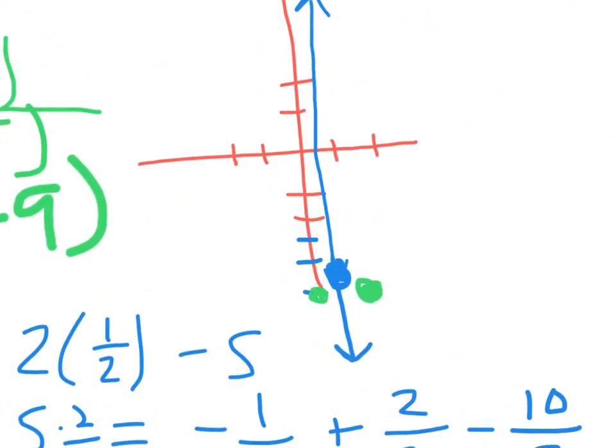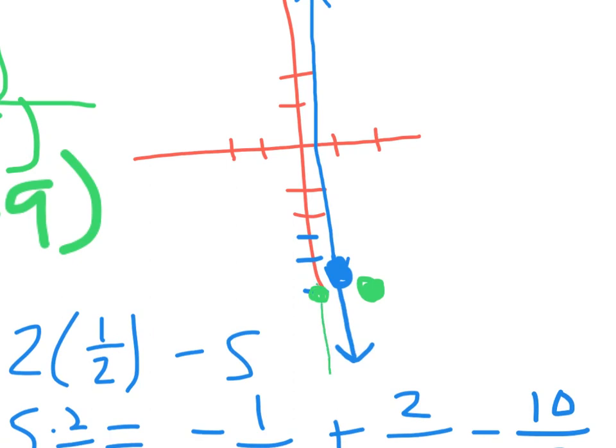So we're going to go to our graph. We're going to go to the right 2 and then down 9. 2, 3, 4. So our other point is going to be right there. And then since we're 1.5 spaces away from the right here, we need to be 1.5 spaces away here.